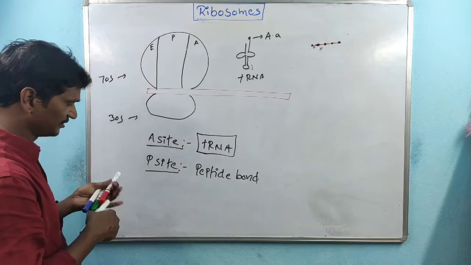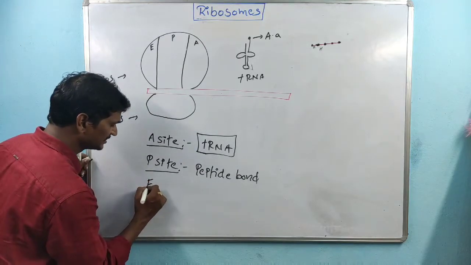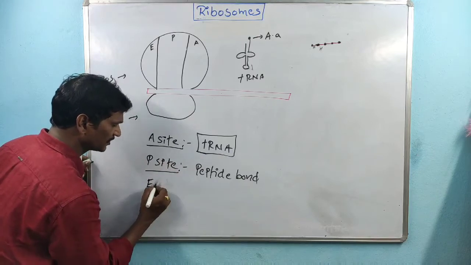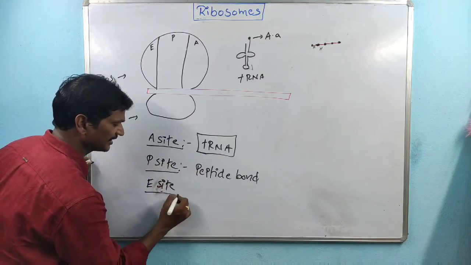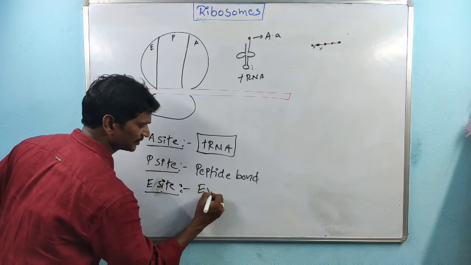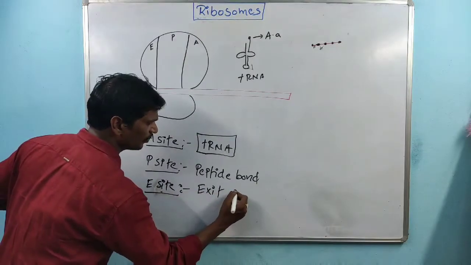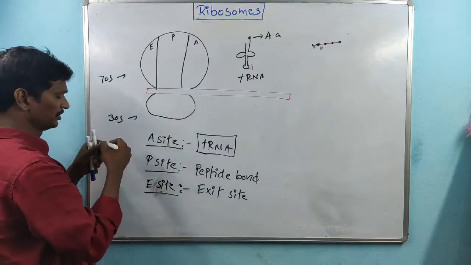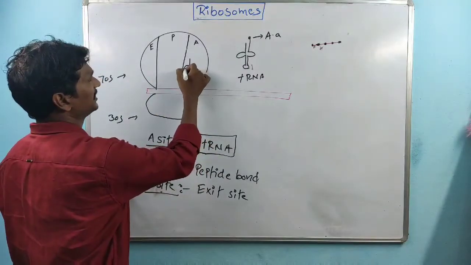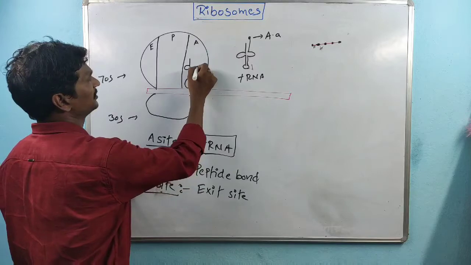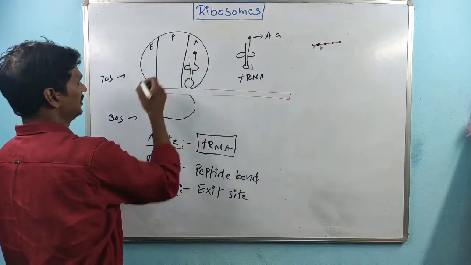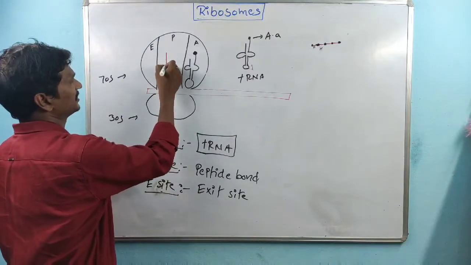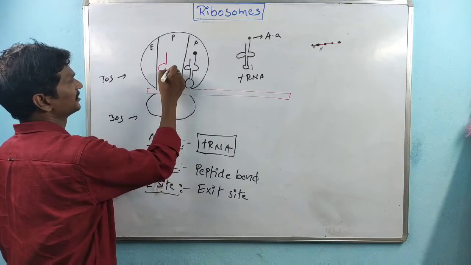Last one, the E site. The E site indicates the exit site. What is the exit site? Suppose this is a tRNA bound here, and this is the amino acid, and this is another tRNA bound here.